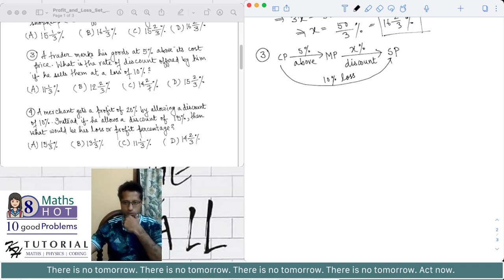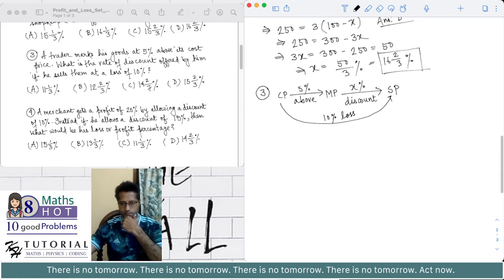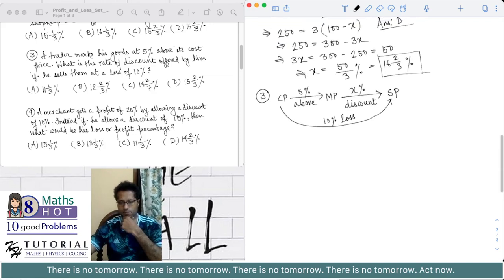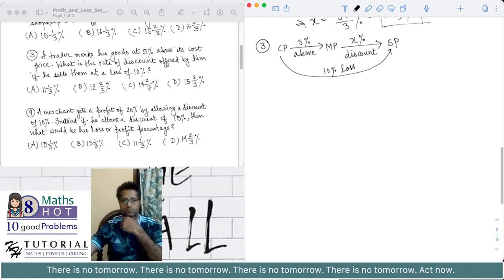This is very similar to the previous problem, only that the mark price is 5% above, and there is a loss of 10%. So as usual, like the previous problem, let the cost price be y.